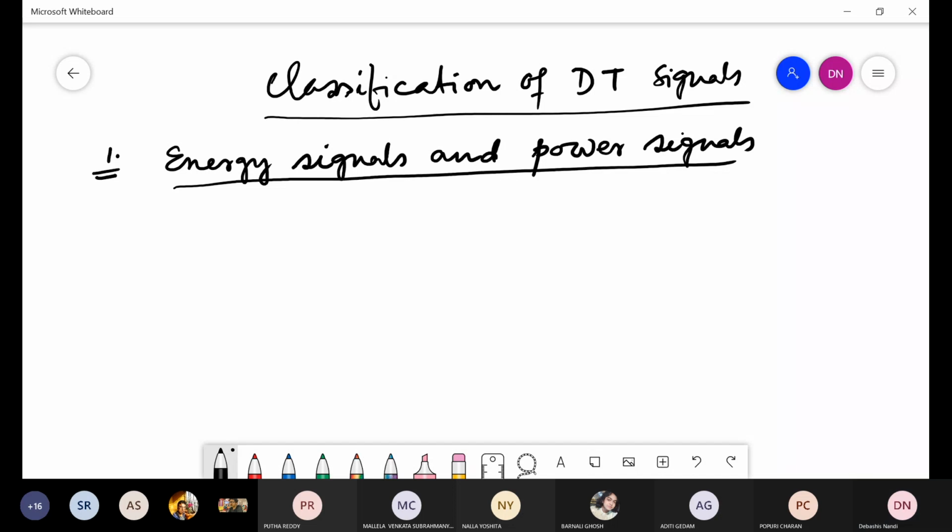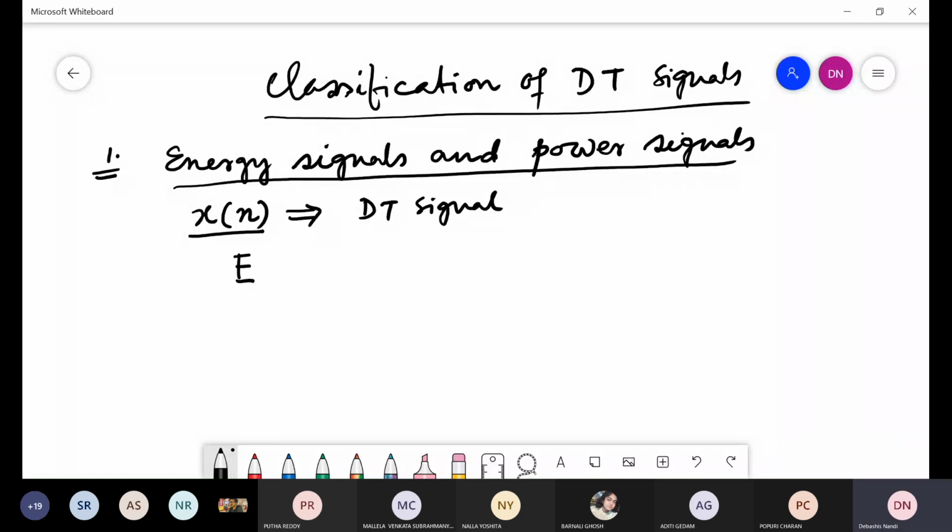Now, suppose the discrete time signal is given. Xn is the discrete time signal. Now we can calculate the energy of this Xn.